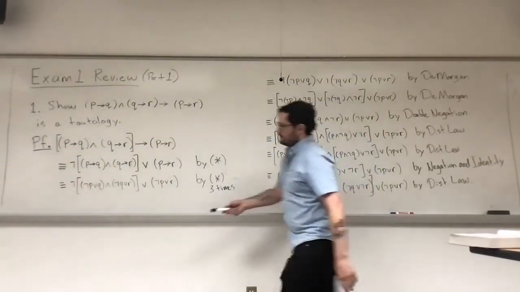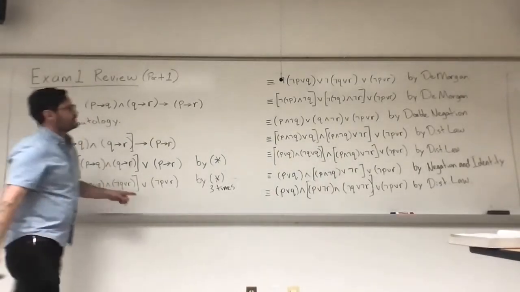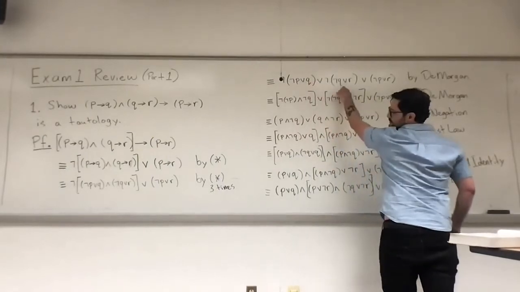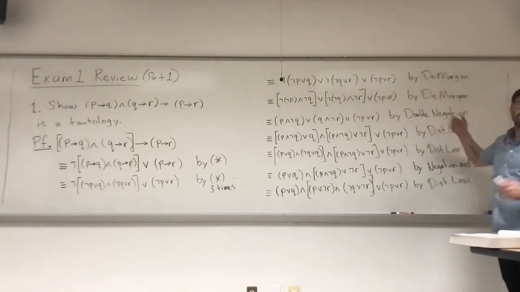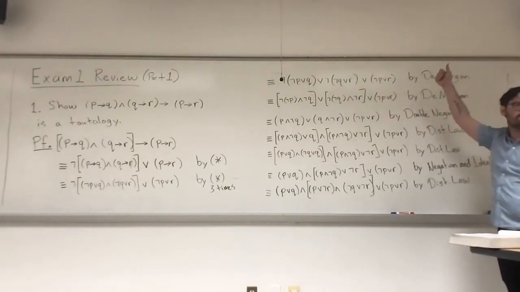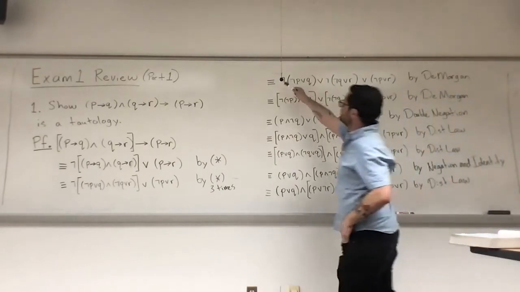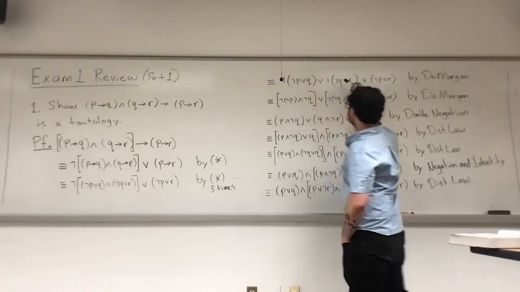And then here, send in the negation by De Morgan's law. So the not that or not that or not that. Okay. By De Morgan. Up to here, we're good, right? So then we send in the negations again. So not that and not that, good.